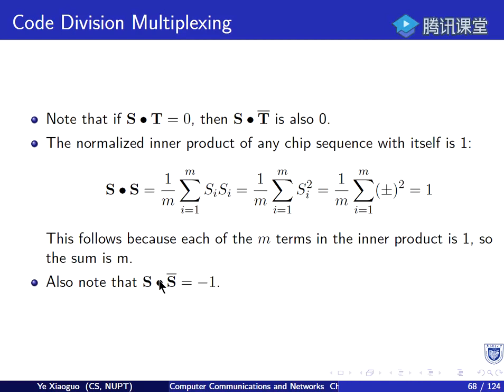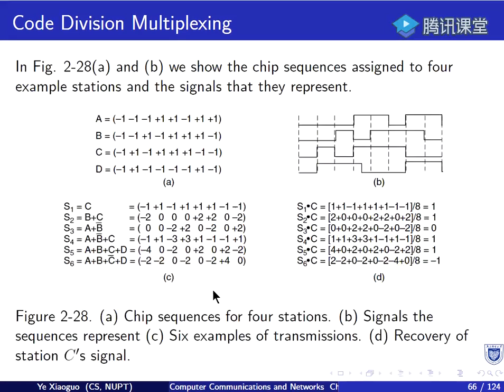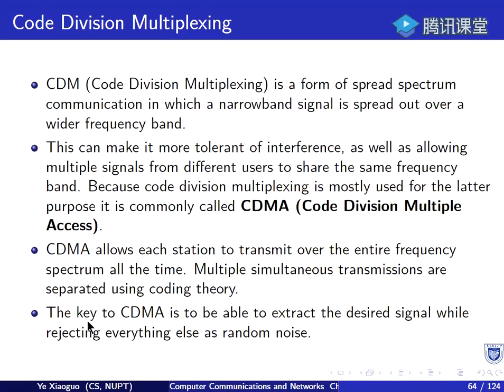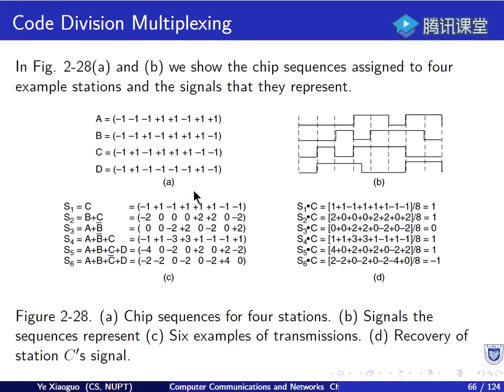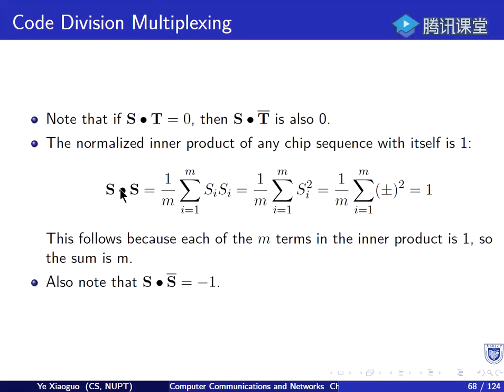And S inner product S bar equals -1. That is the key of CDMA, to be able to extract the desired signal while rejecting everything else as random noise, because we have S inner product S equals 1, S inner product S bar equals -1, but S inner product any other chip sequence is 0.